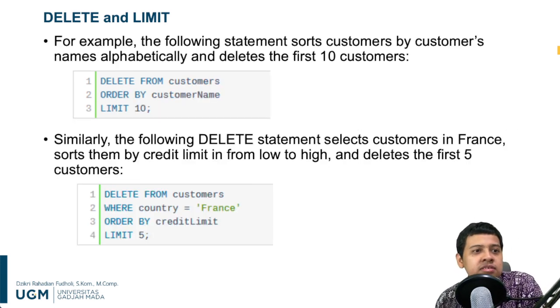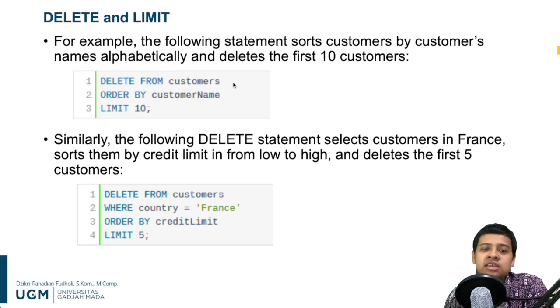Here are the examples. For the customers, we want to order by customer name, then limit 10, and then this will limit to the first 10 customers who have the first alphabet. So maybe Abdullah, Andy, and others, and any others such as Agus and things like that.